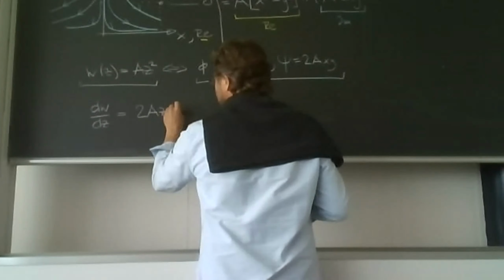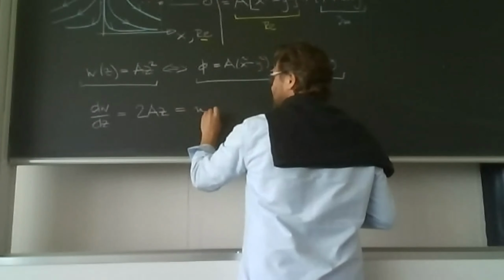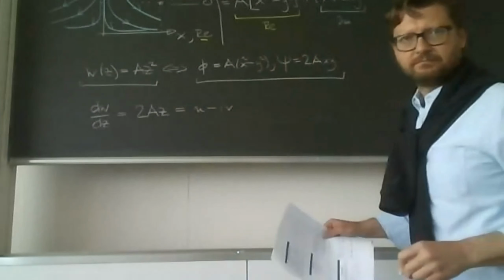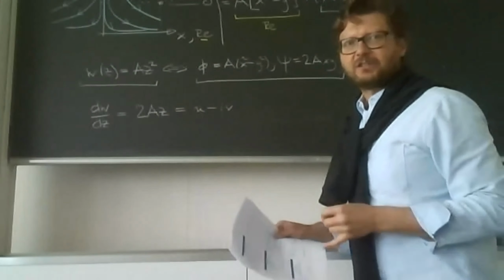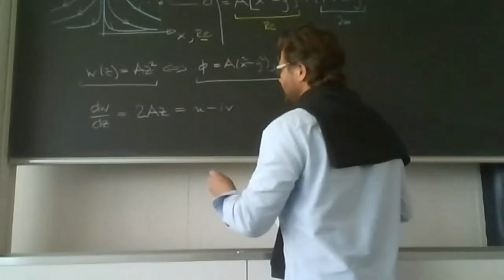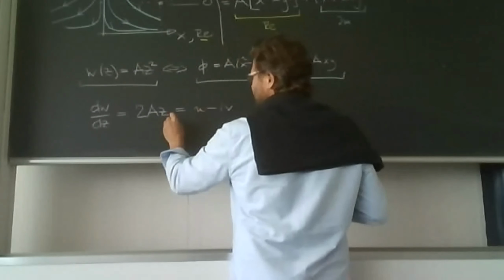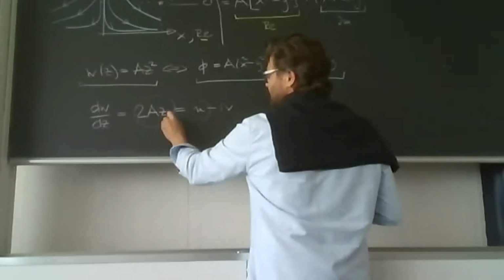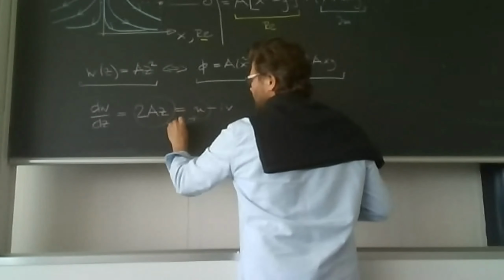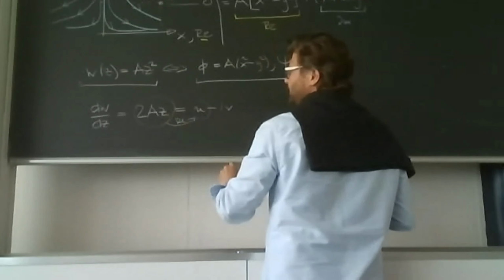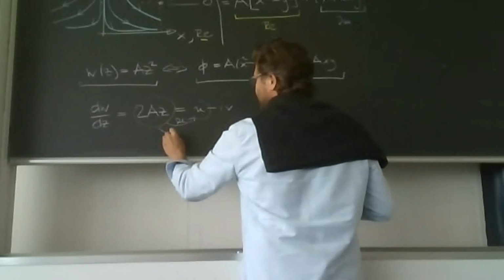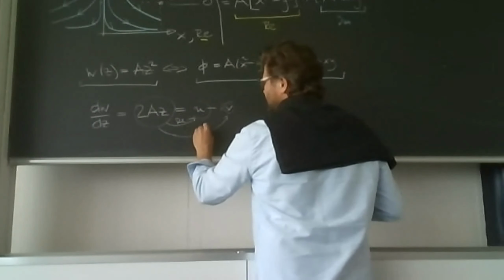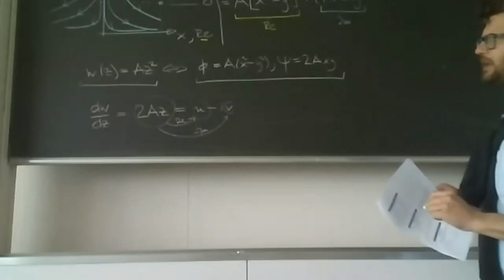This is exactly equal to u minus iv. That's how the complex potential works. So again, the real part corresponds to the velocity u, and minus the imaginary part corresponds to the velocity v.